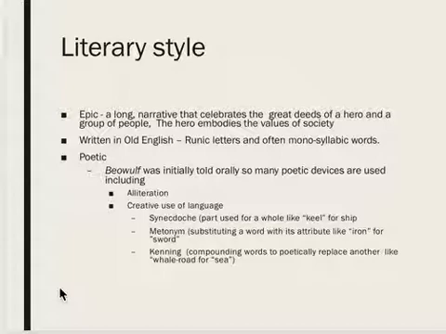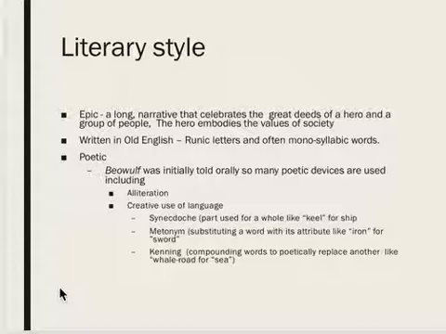Beowulf is initially told orally, so many poetic devices are used because remember, it used to be sung aloud by a scop or minstrel. So you'll see alliteration. You'll also see very creative use of language. Three language devices in particular that you'll see are synecdoche, where a part is used for a whole, like you might say keel to reference an entire ship.